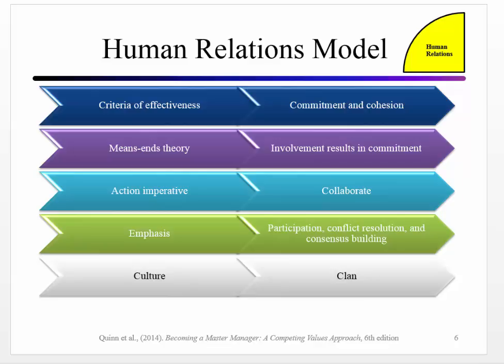So commitment and cohesion is a really important outcome, a really important environment to create with the human relations model, where people are committed to your ideas as a manager, agree with your goals and are happy to pursue them, and they're cohesive, they care about each other.